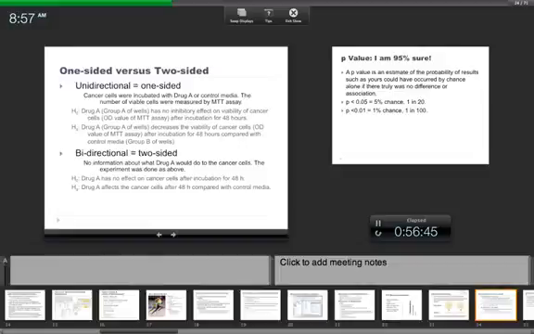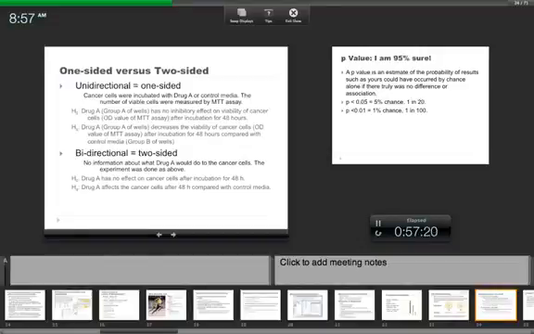Some of you have already done that. The MTT assay is a formazan dye analysis where the cells that are alive are able to convert that dye into a colored substance. You measure the absorbance of that colored substance, and its concentration represents the number of live cells in the tissue culture.